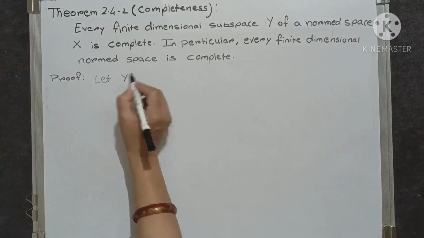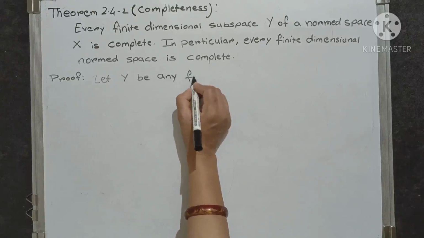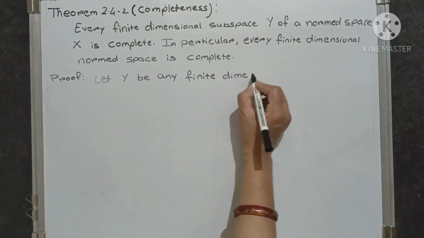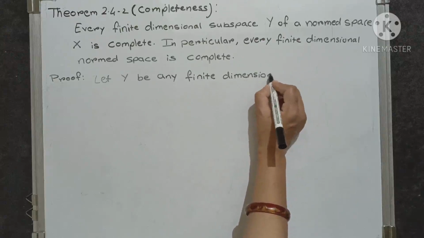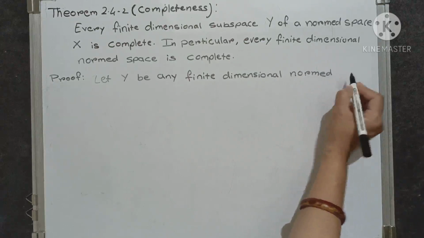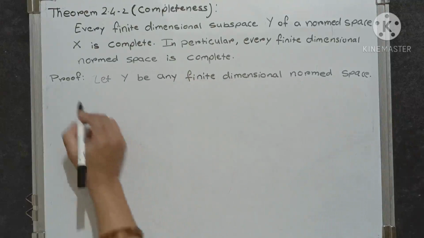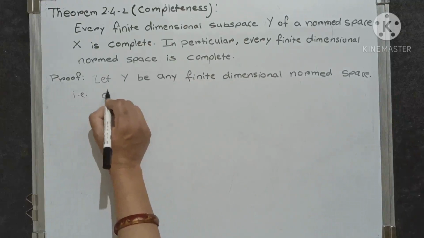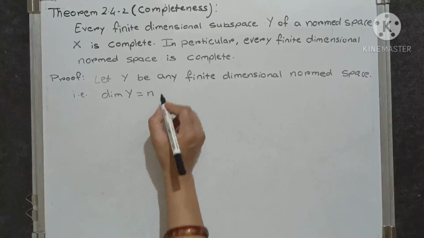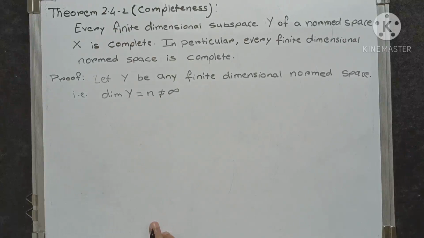Let capital Y be any finite dimensional normed space, that is, the dimension of Y equals n, which is not equal to infinity.